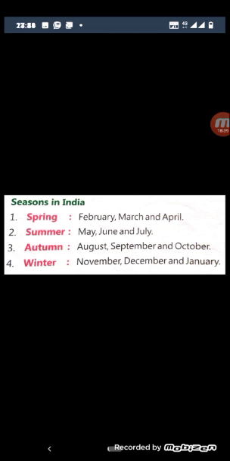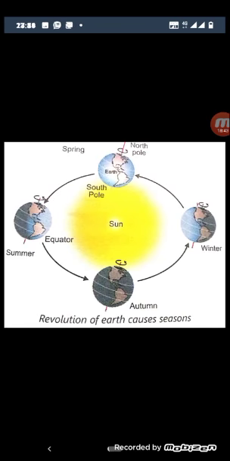Winter, November, December and January. These seasons are due to the revolution of earth. Or in other words, you can say revolution of earth causes seasons.